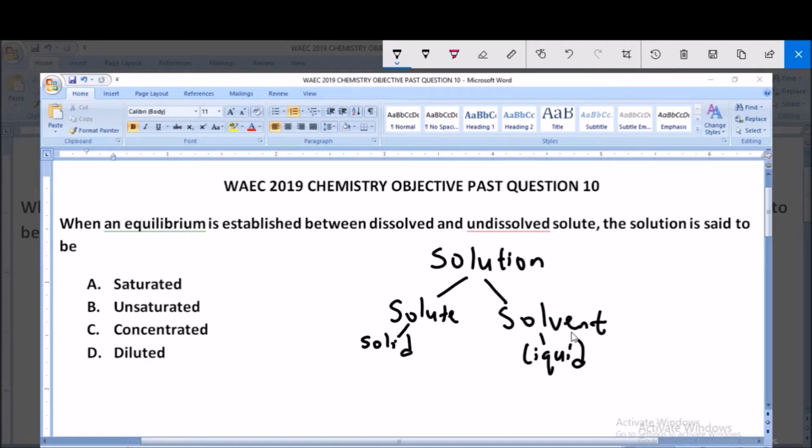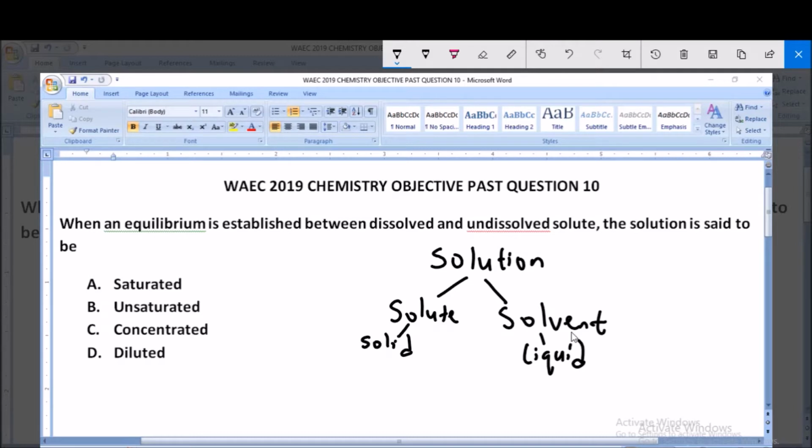So a saturated solution contains the maximum amount of solutes that the solvent is capable of dissolving. So when a solvent contains the highest amount of solutes that it is capable of dissolving, the solution formed is said to be a saturated solution.